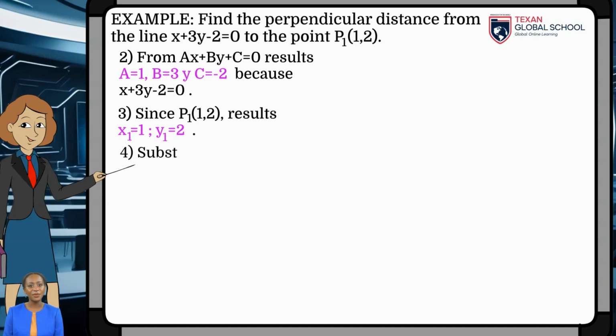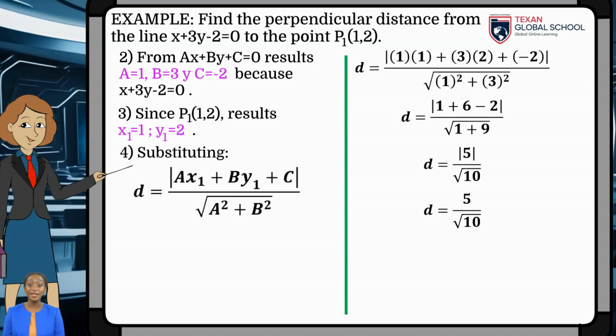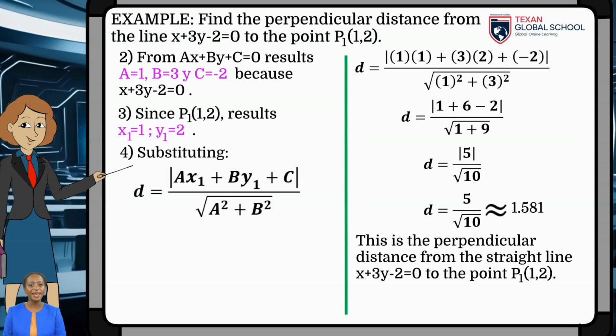And from the given point it results that x1 equals 1, and y1 equals 2. Substituting those values into the formula to obtain the distance from a line to a point, we obtain a distance of 5 over the square root of 10, approximately 1.581.